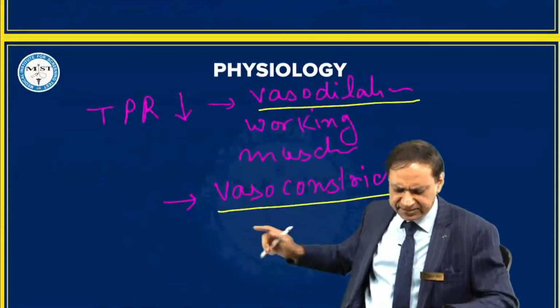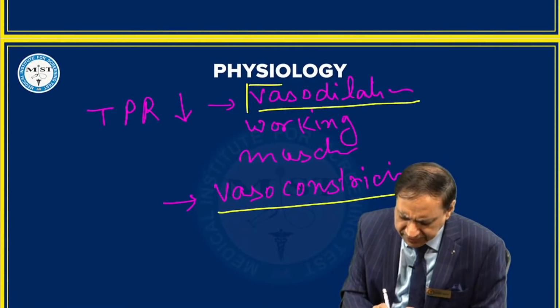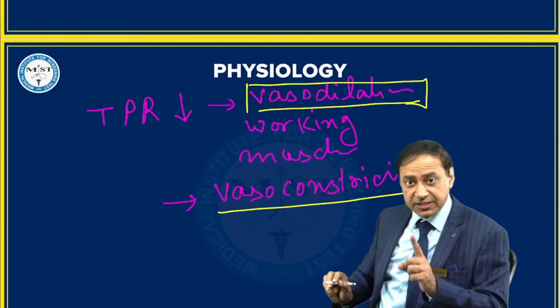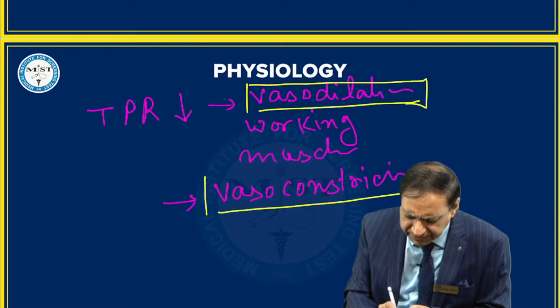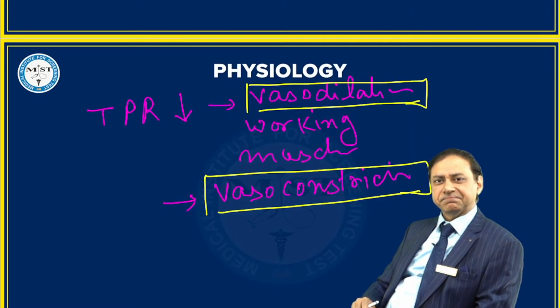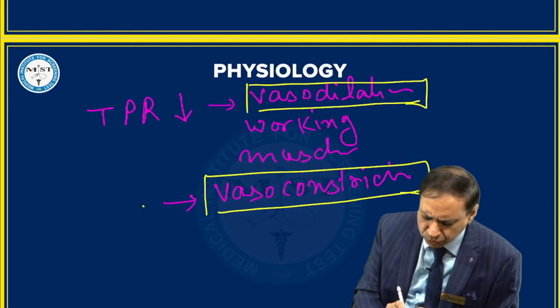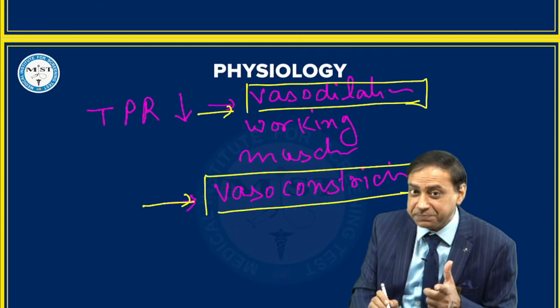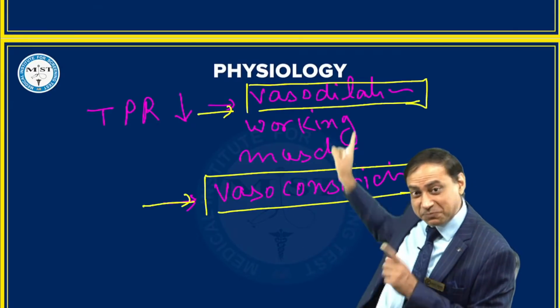Now, the fact is that this vasodilatation of the working muscles is more important than this vasoconstriction. This will try to increase total peripheral resistance, but this will try to decrease TPR. This is more important than this.